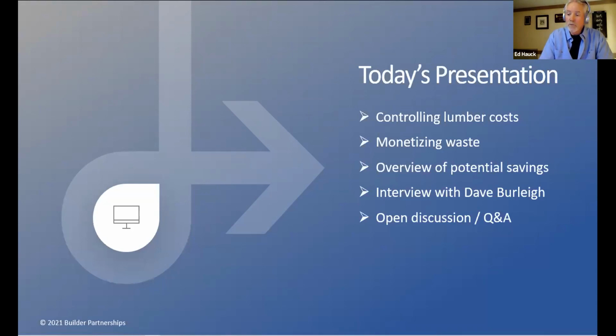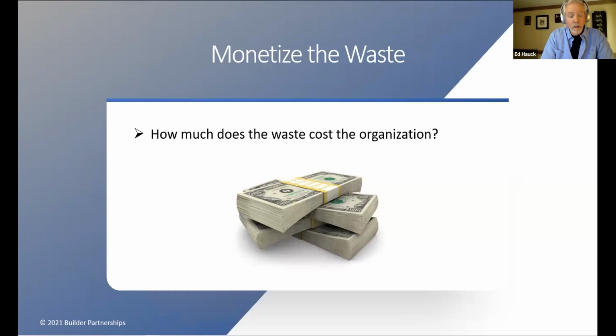How do I design to use the proper materials to get some of the cost out? Like I said, I can't control the material, but I can control the design. So I'll go through a couple slides here, and then we're going to turn it over and move on to our case study of what we've done with builders in the last few months to try and control the cost of lumber.